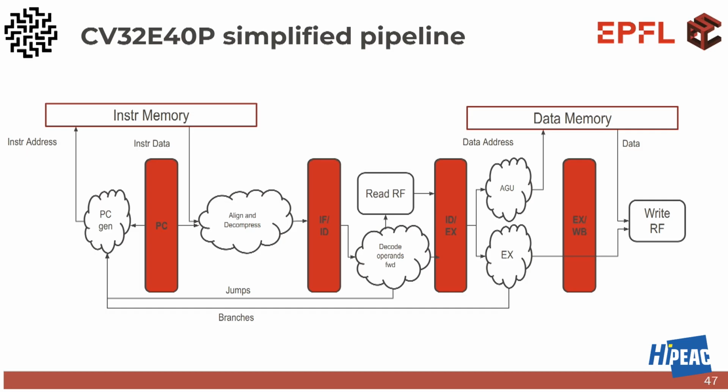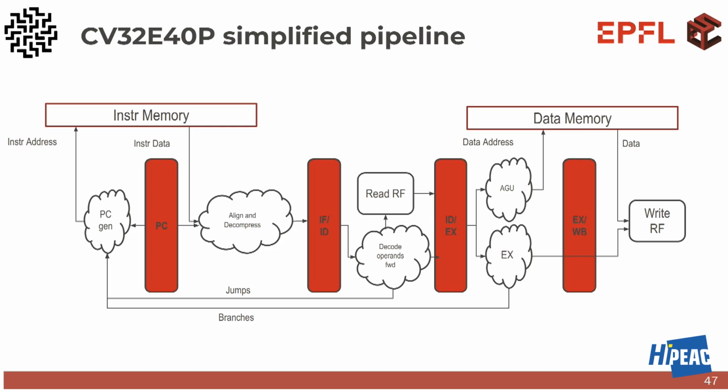And of course, if there are possibilities to forward the operand, for example, I have two additions and the second depends on the result of the previous one, once the addition finishes in the X stage, I can forward the operands to the next addition without waiting to write them back to the register file.